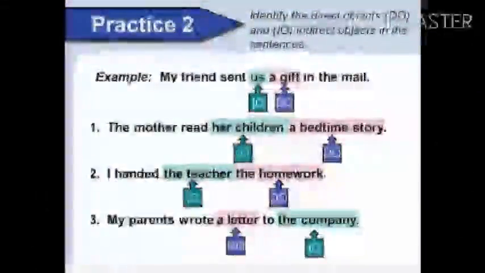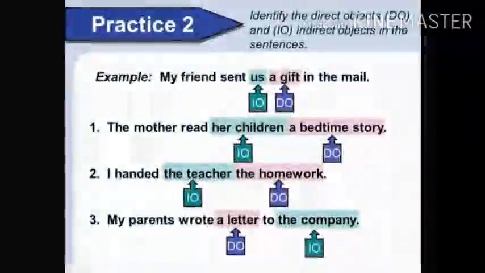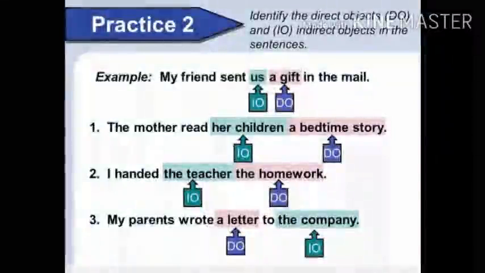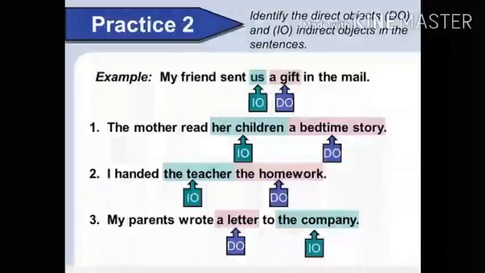In some of the sentences, we find two objects. One direct object and second indirect object. If the object answers the question what, it is the direct object. If the object answers the question who or whom, that is the indirect object. Let's see the first example. My friend sent us a gift in the mail.